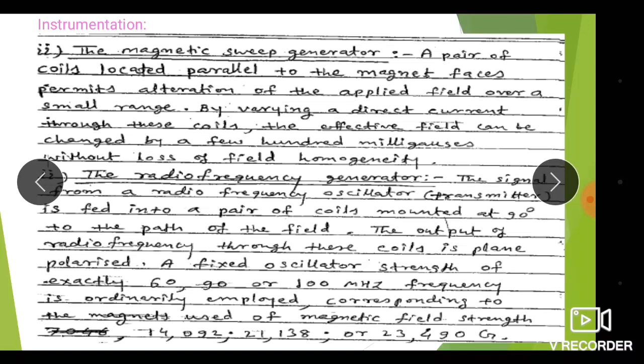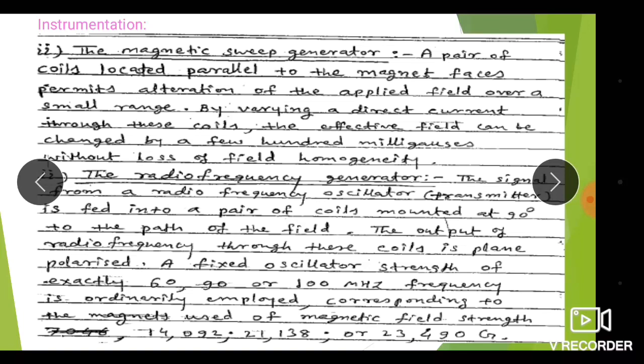By varying a direct current through these coils, the effective field can be changed by a few hundred milligauss without loss of field homogeneity. So for maintaining field homogeneity, these magnetic sweep generators are used, because they produce a few hundred milligauss of field strength change without changing the homogeneity, by varying the direct current.